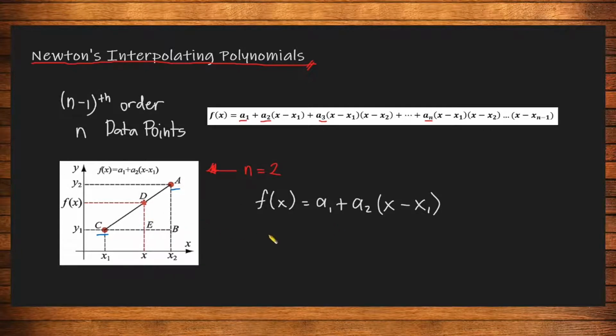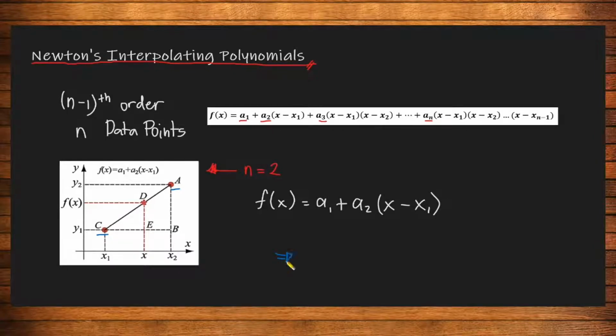Now these coefficients can be calculated by considering the similar triangles shown in our figure. So we have the smaller triangle CDE and then yung larger triangle natin CAB. Okay? So hopefully nakita nyo yan. Again, by similar triangles, we will have DE over CE equal to AB over CB.